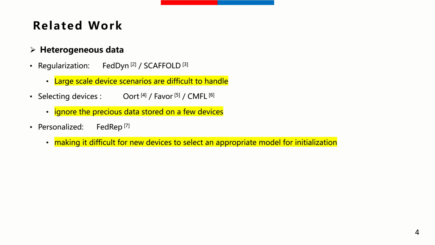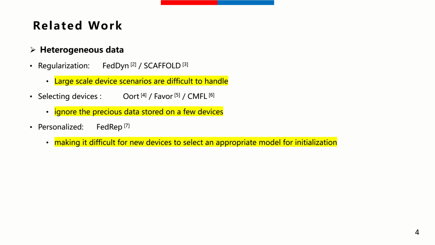The second is selecting devices: selecting those devices with better data distribution to mitigate the impact of non-IID data. For example, ORT and FavorCMFL, but selecting devices may ignore valuable data in the devices that are not selected.